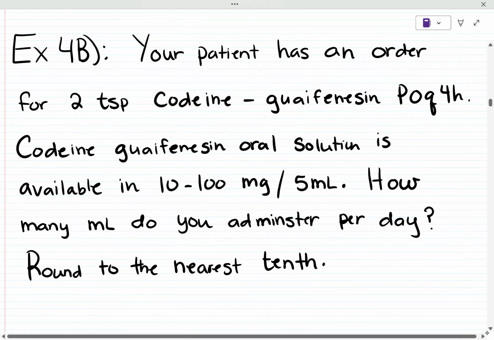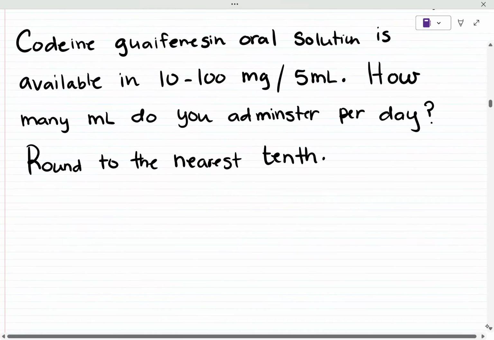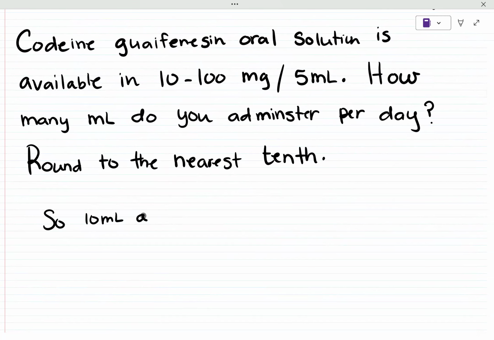So let me write this down. They want to know how many milliliters you administer per day. So we have 10 milliliters administered per dose.